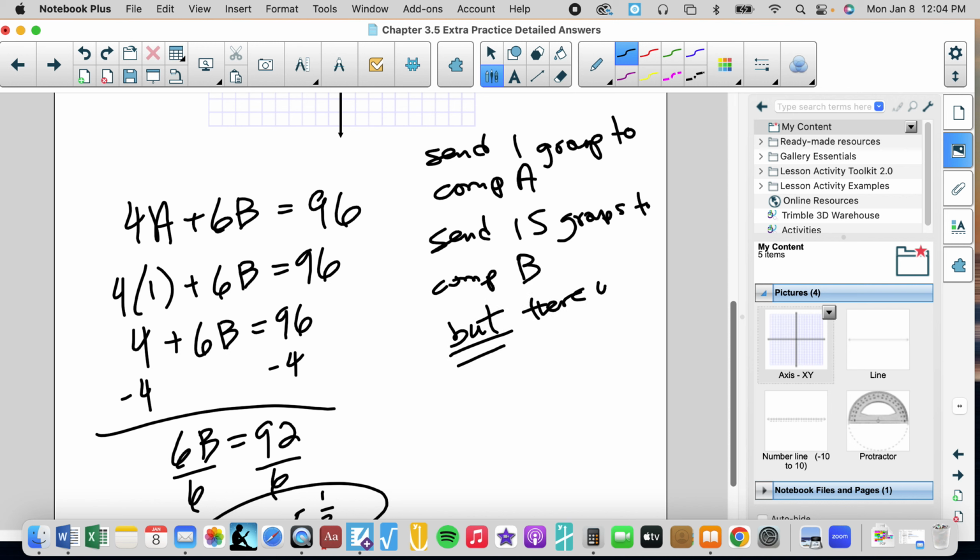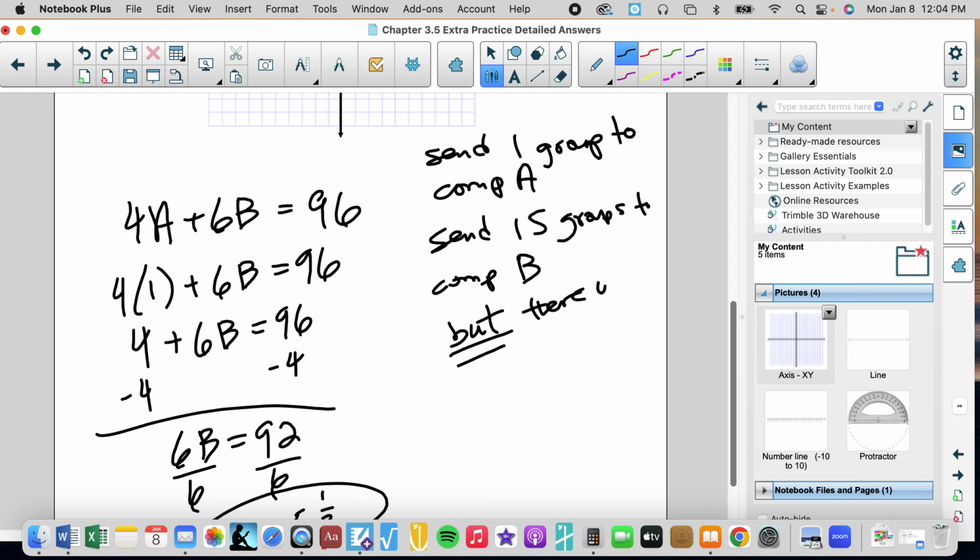Can you tell what numbers you'd want to do? Can you send 2 to A? Nope. Can you send 3? Do you see why you can send 3? So 4a plus 6b equals 96. Do you know why I was able to plug in 3? Why I liked 3? 12 plus 6b equals 96, minus 12, minus 12. 6b equals 84, and 6 does go into 84.